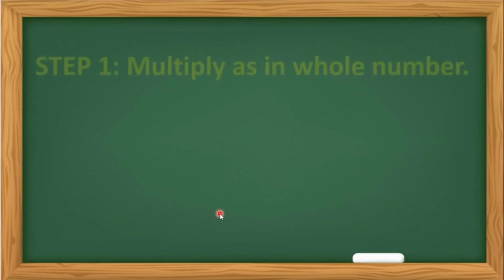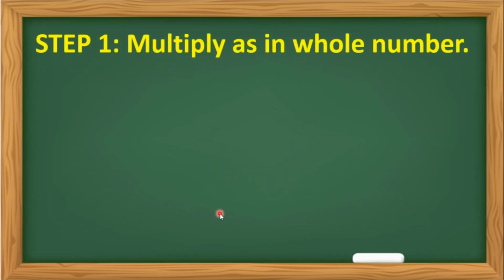So first, ano ba yung mga steps? Kailangan we have to follow the steps in multiplying decimal numbers. Step 1, we have to multiply as in whole numbers. So 2 and 69 hundredths times 15. Decimal by whole number.